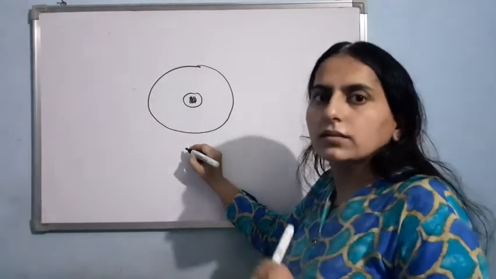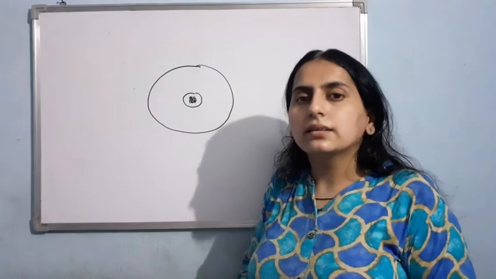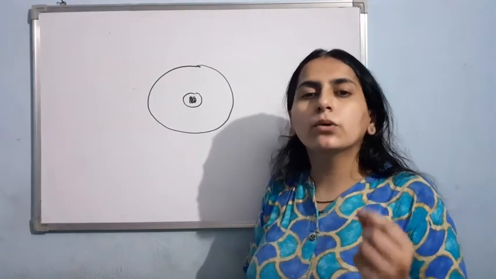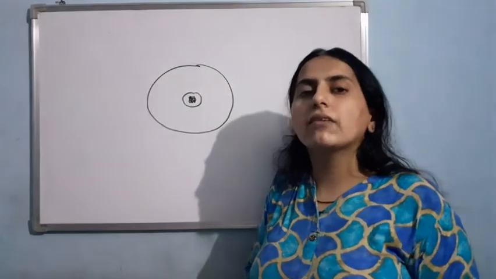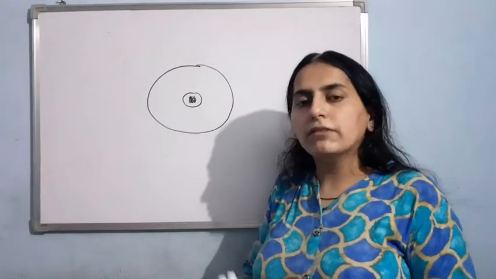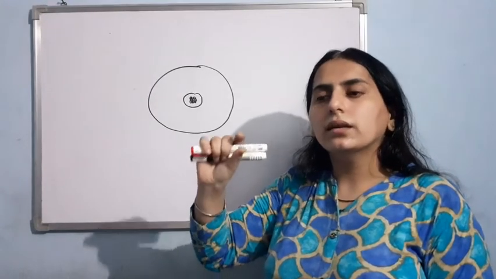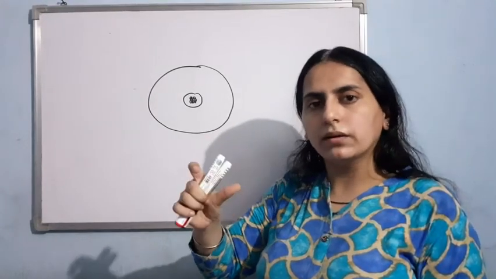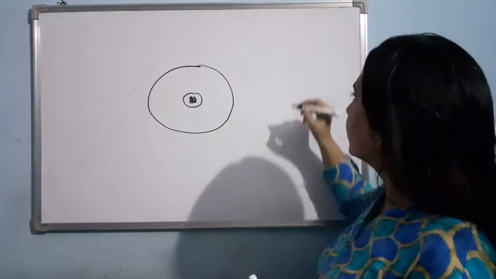In the previous topic we discussed that the DNA is made up of nucleotides, right? And in the nucleotides we have base pairs, and we have studied the distance between base pairs. Suppose let me draw a DNA helix.